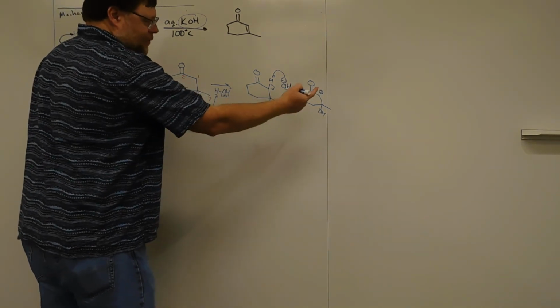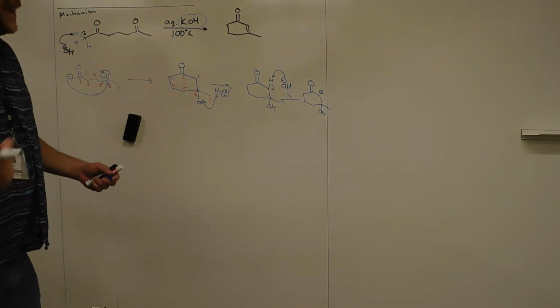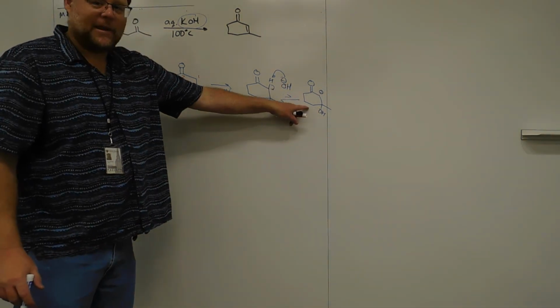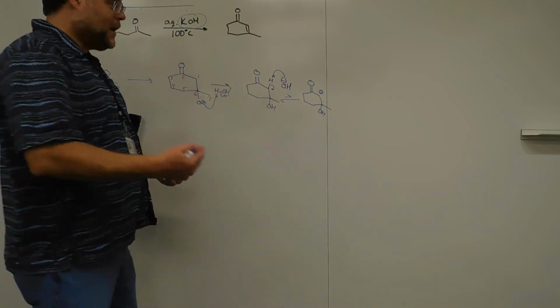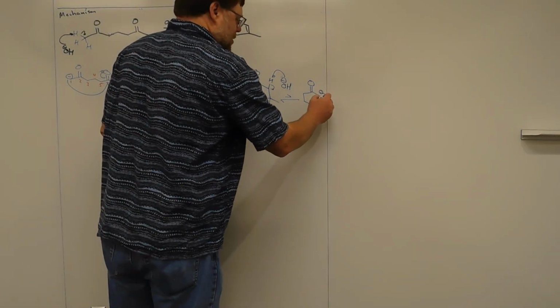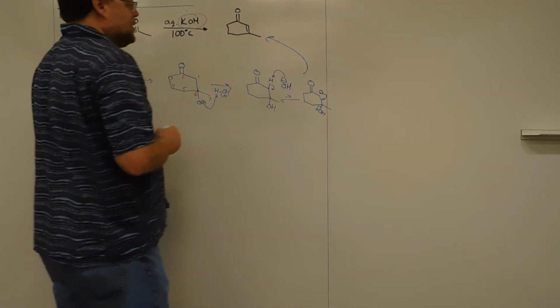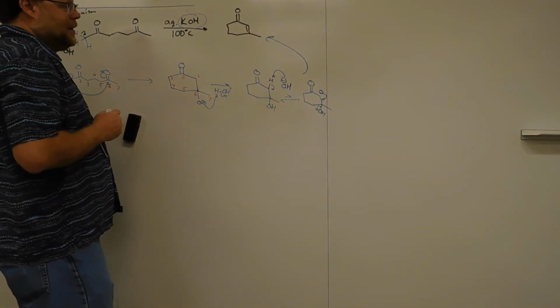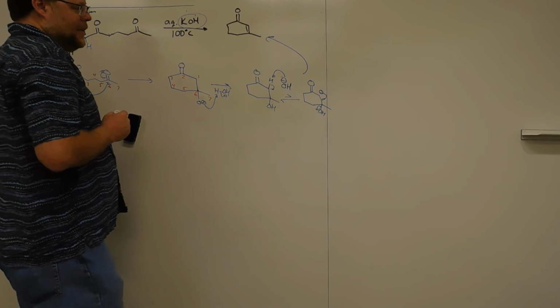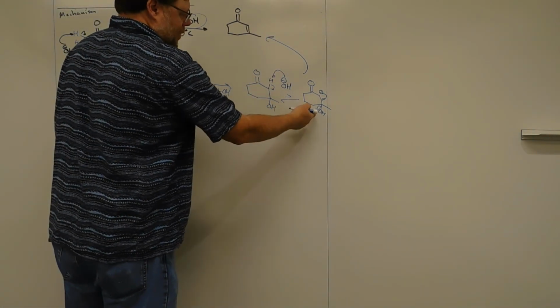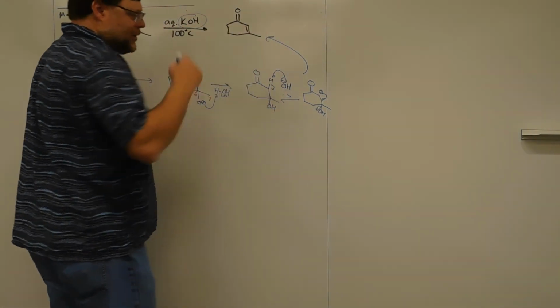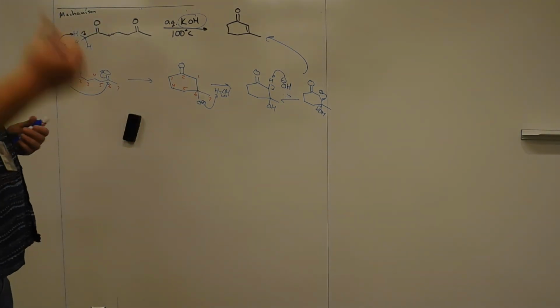But maybe 1%, maybe 0.1% of these molecules are going to be the enolate. And when it gets to that enolate, the negative charge on the carbon can kick out hydroxide. That takes us to our quite stable alpha-beta unsaturated carbonyl. And the hydroxide that leaves will grab a proton somewhere, and that water just blows out the top.